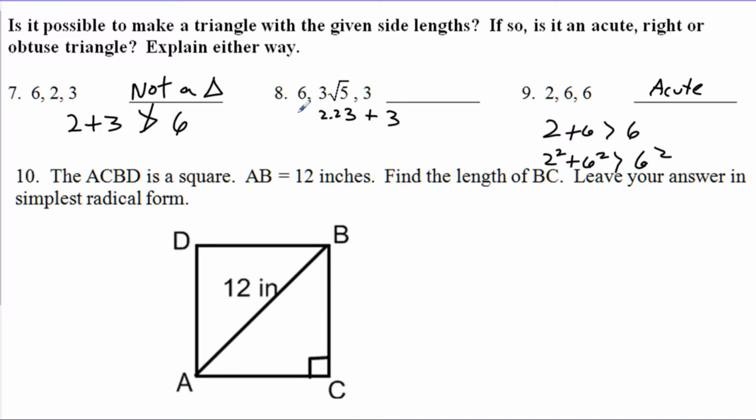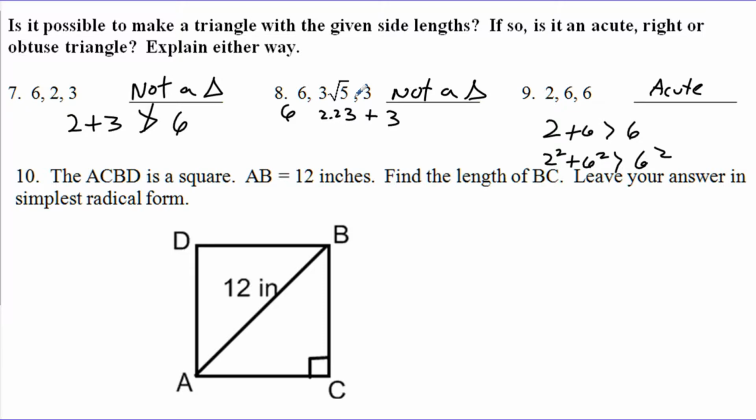You know what? It actually doesn't work, because when I add together 3 plus 2.23, I only get 5.23, which is not bigger than the third side. So this is also not a triangle. But if you don't turn that into a decimal, you're not going to be able to check and see that that is smaller. So be careful with that.